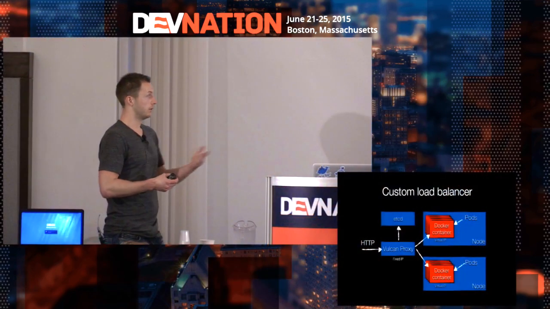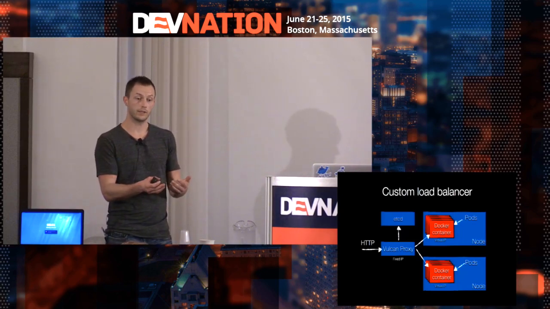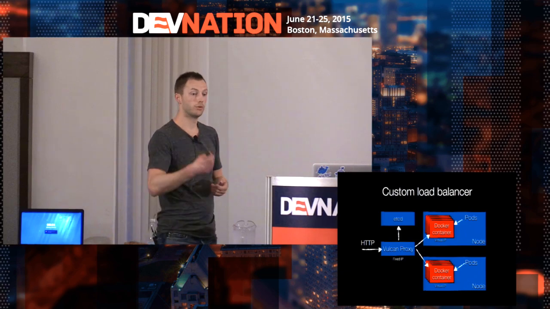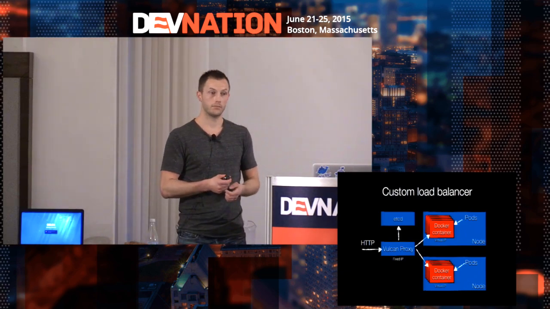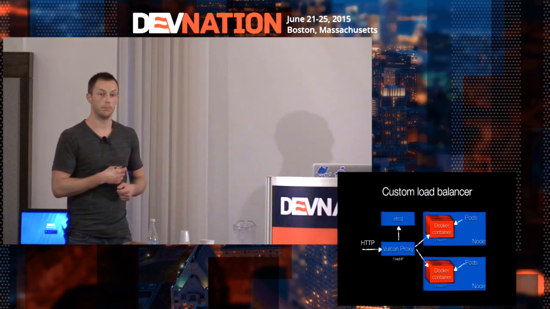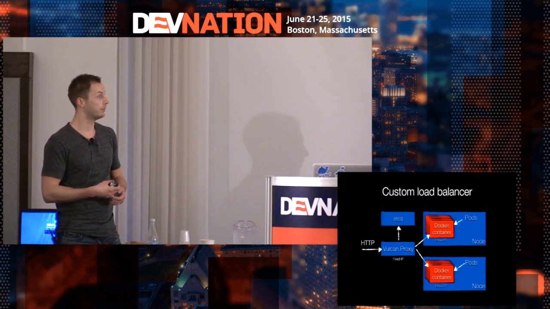The proxy is going to do proper HTTP load balancing, including SSL offloading, and then pass through the traffic to the pods. It does mean that my proxy needs to know about my pods. It needs to know those IP addresses, and it needs to be able to access them.